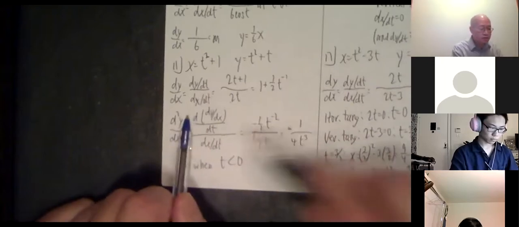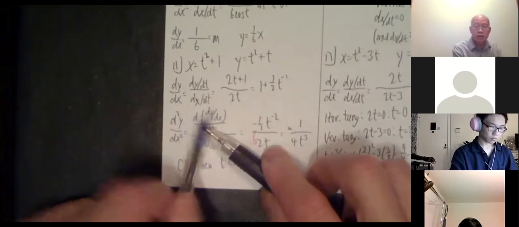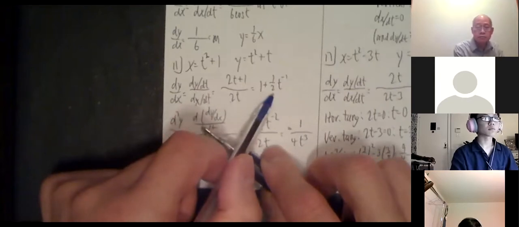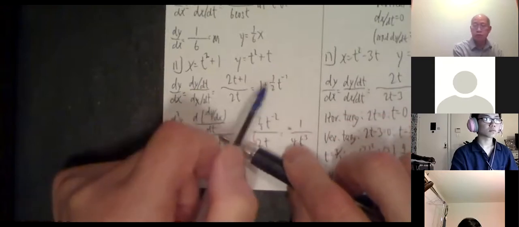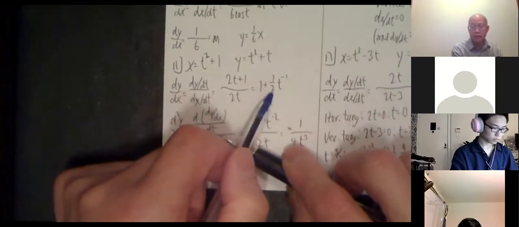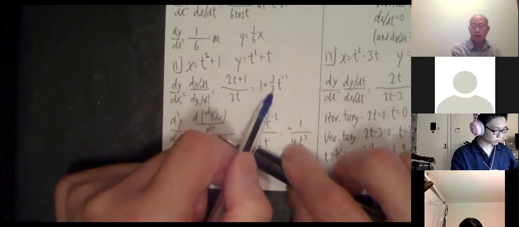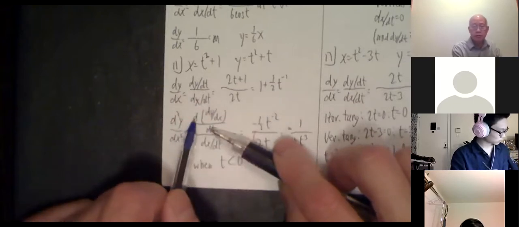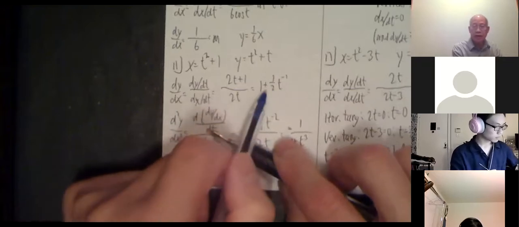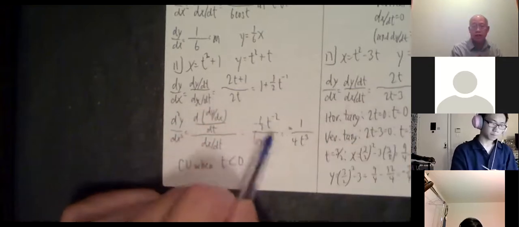Here, the symbols look scary, but just take dy/dx, there it is. And this means differentiate with respect to t. That's what you should do, because the expression involves a t. It doesn't have any y, doesn't have any x. So take the derivative of that. That's not that bad. That's going to be negative 1/2 t to the negative 2.